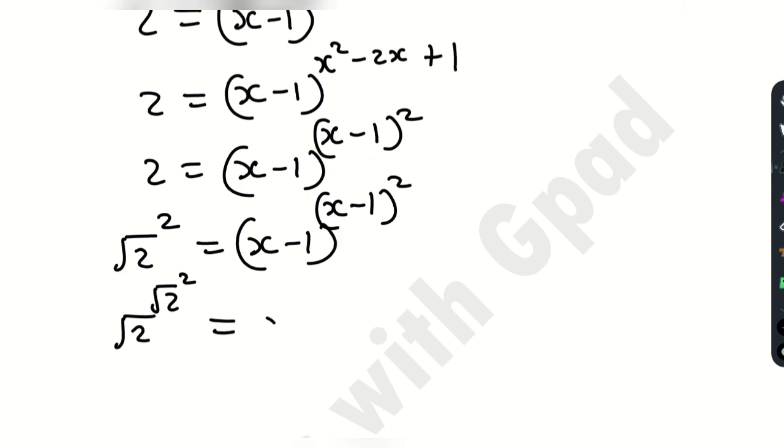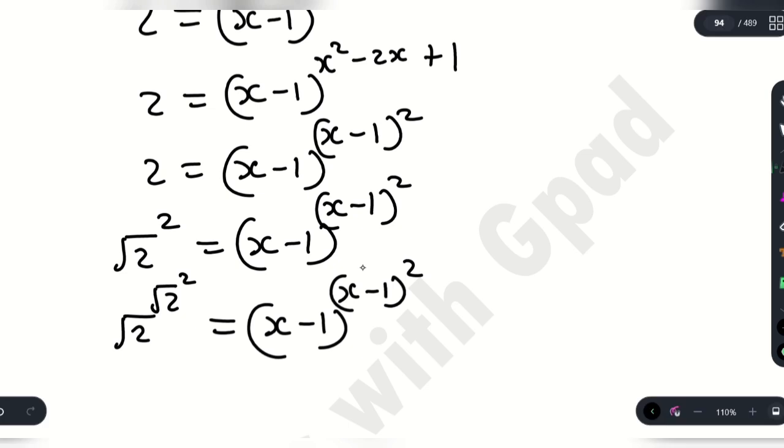So this is equal to what? x minus 1 raised to the power of what? 2. And as you can see, they compare at this level. See this, identical, and even the 2 as the topmost exponent. So what are we going to do now?